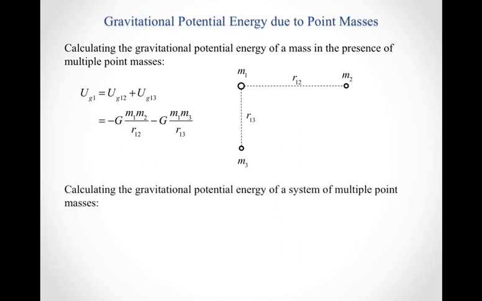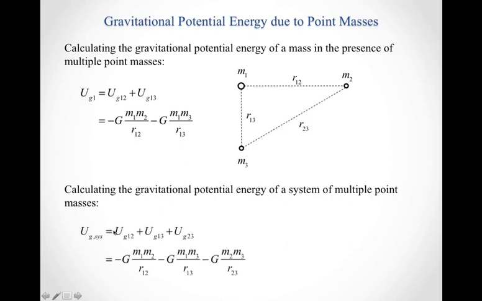On the other hand, if I want to talk about the gravitational potential energy of a system of multiple point masses, so not the gravitational potential energy of a single mass, but now of this entire system, I need to think about all the possible interactions. We had two of them, between mass 1 and mass 2 and mass 1 and mass 3. We just need to add in the third. There's also an interaction between mass 2 and mass 3.